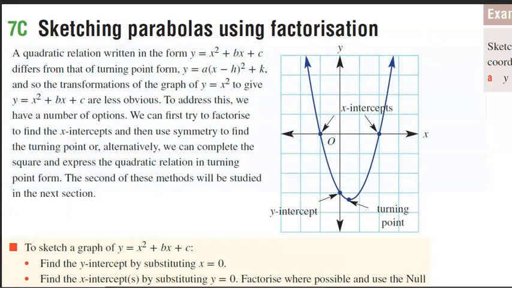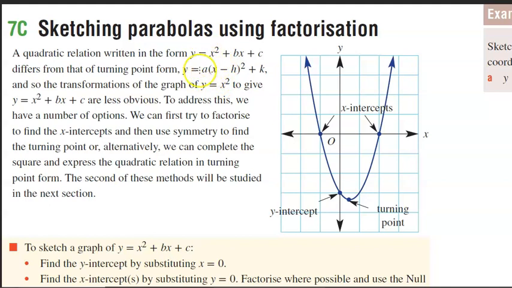So, sketching parabolas using factorization. We have a quadratic relation written in the form y equals x squared plus bx plus c. This differs from what we were used to from the previous exercise, where y is equal to, and we had this bracket notation of x minus h or x plus h, depending on what type of scenario you've been given. We have a constant outside the front.